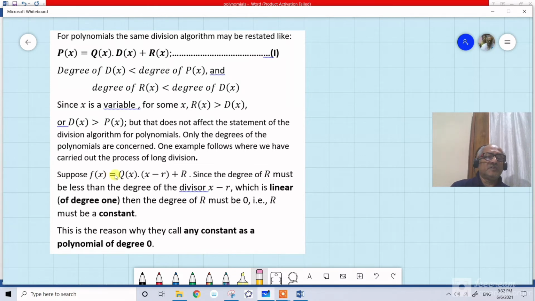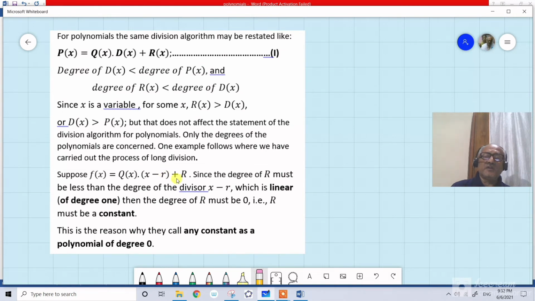And let us take a particular example. Suppose f(x) is q(x) into (x minus r) plus r. Suppose f(x) is a polynomial, we divide it by x minus r. X minus r is a linear polynomial, or a polynomial of degree 1. So let us suppose that q(x) is the quotient and r is the remainder.